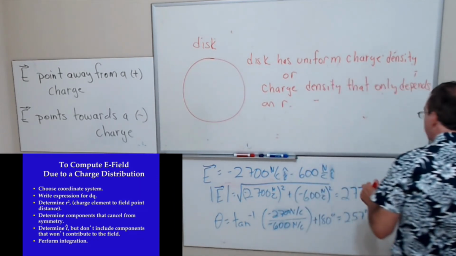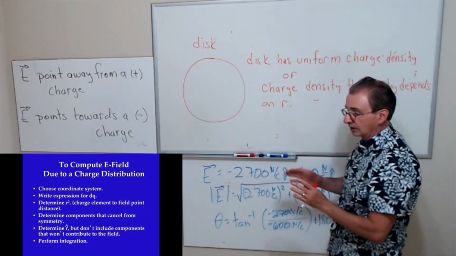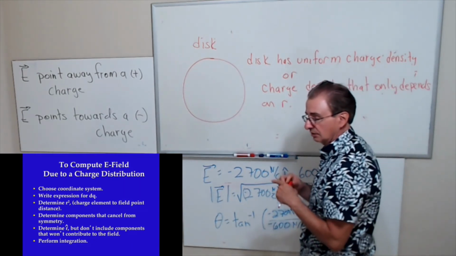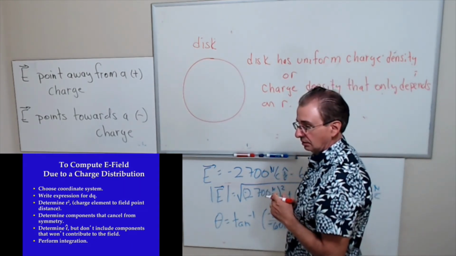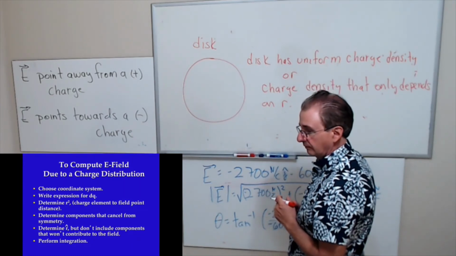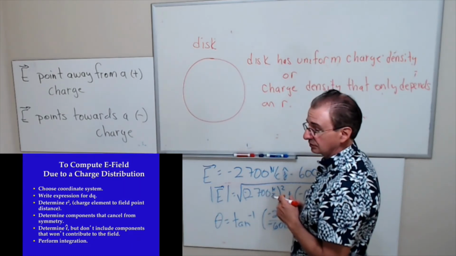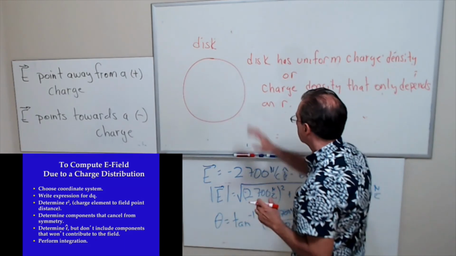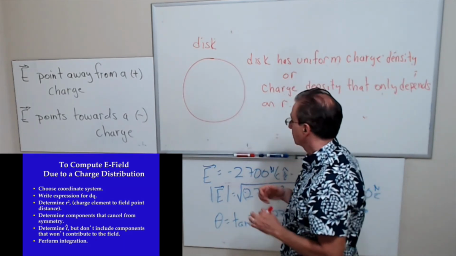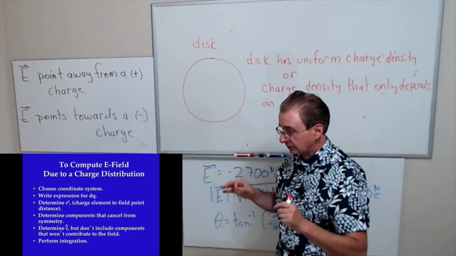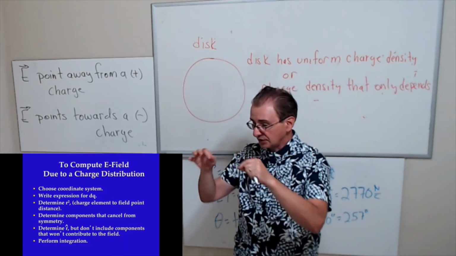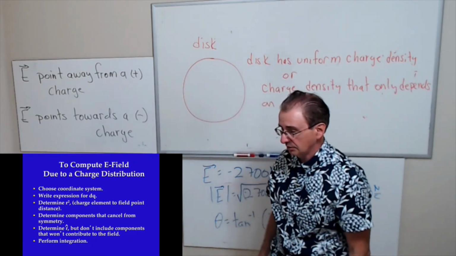How can I break this up into pieces so that the charge density is constant over that piece? I want to break this up into smaller pieces so that the charge density is the same over that whole piece.